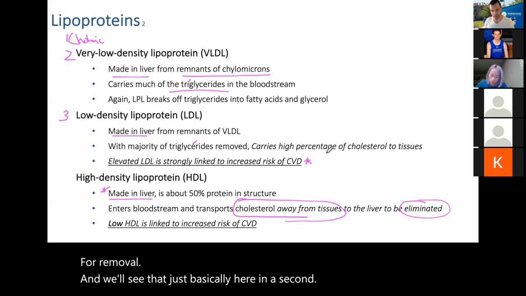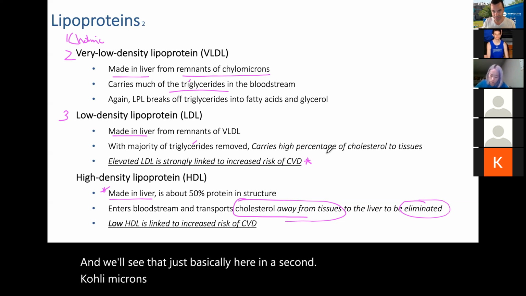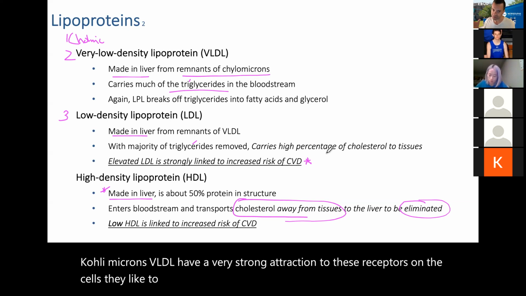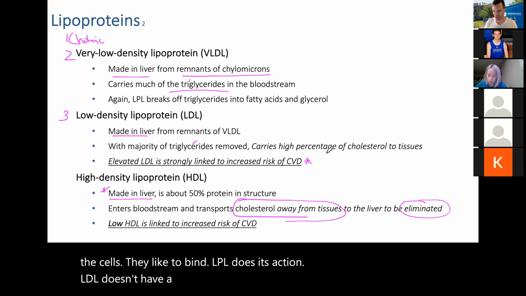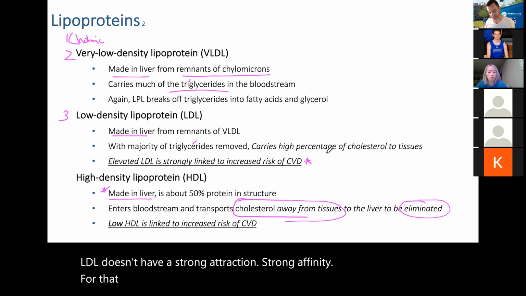Chylomicrons, VLDL, have a very strong attraction to these receptors on the cells. They like to bind. LPL does its action. LDL doesn't have a strong affinity for that receptor. And if it does dock, it pulls off, and we're even more robust in cholesterol.